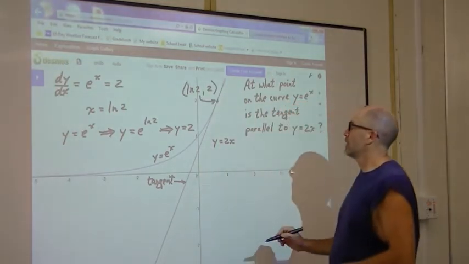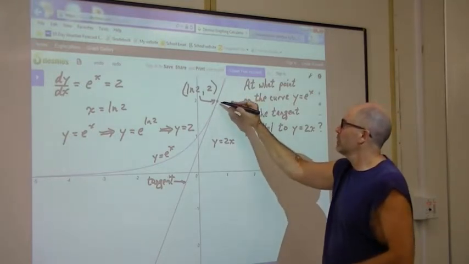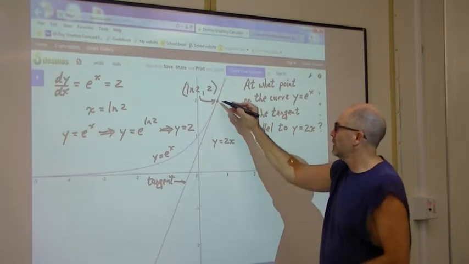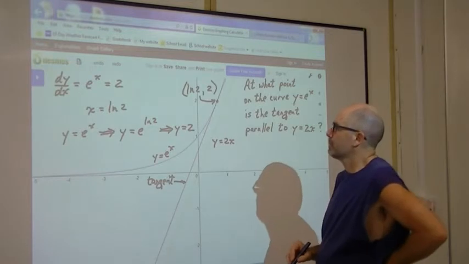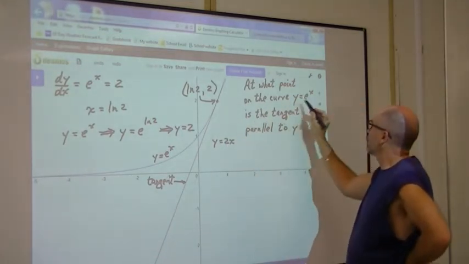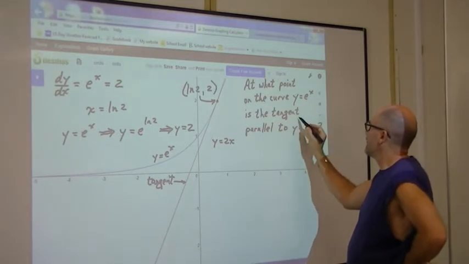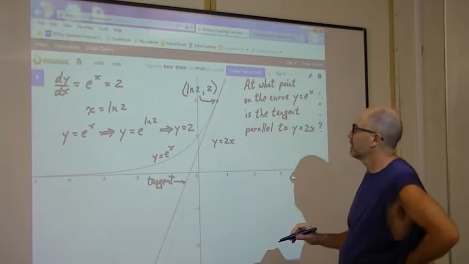That's my tangent point. Good thing we can see that the y value is 2, the x value is natural log 2, which is about 0.7 something. Okay, so there's our point. At what point on the curve is the tangent parallel to y equals 2x?